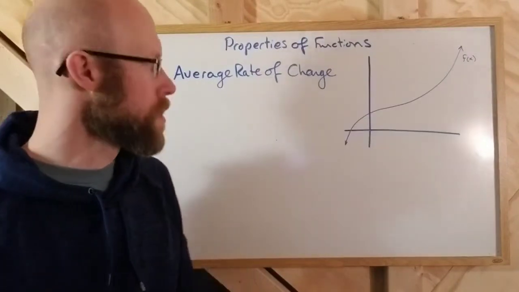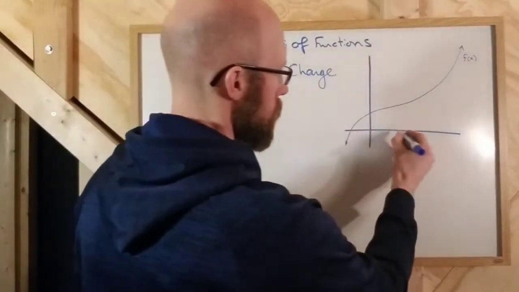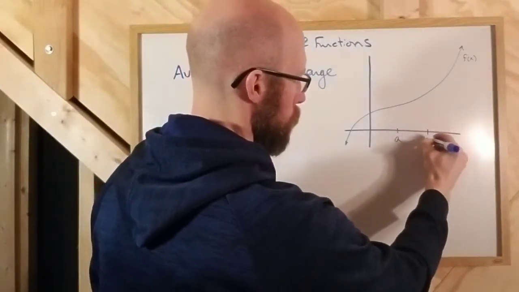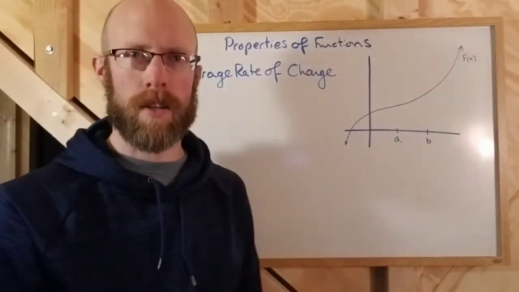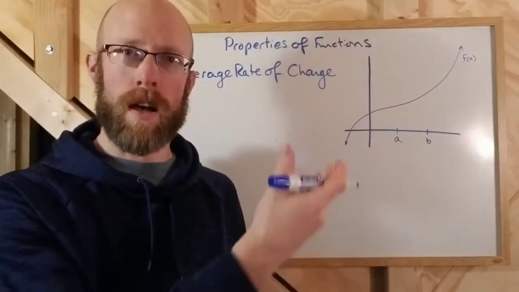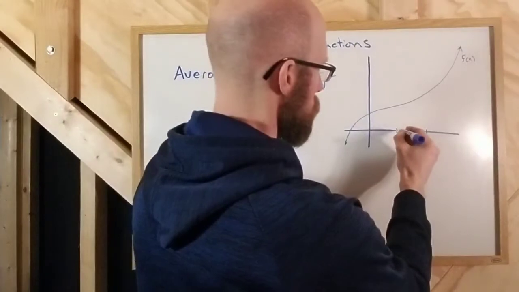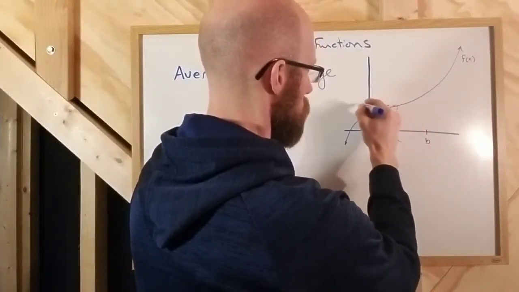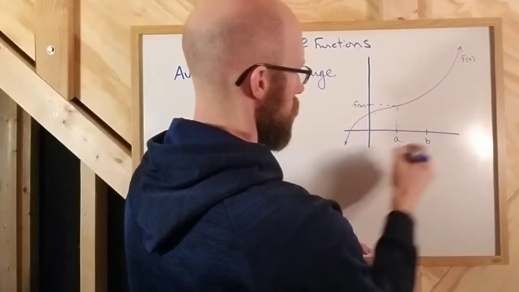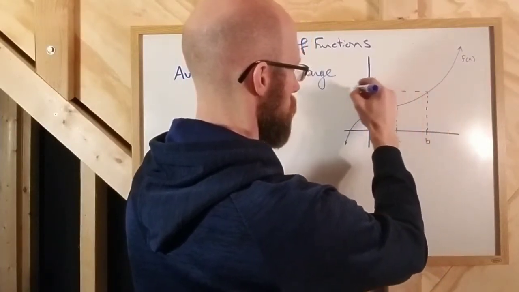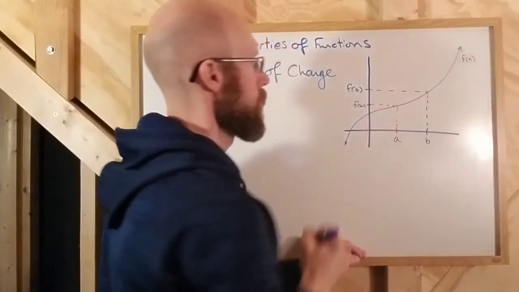So in this graph here, if you went from point A to point B, literally in the x direction here, the graph changes in its height, right? If you were to take this up, you would have a function value here. This would be f of a, and take b up, and you have an f of b.